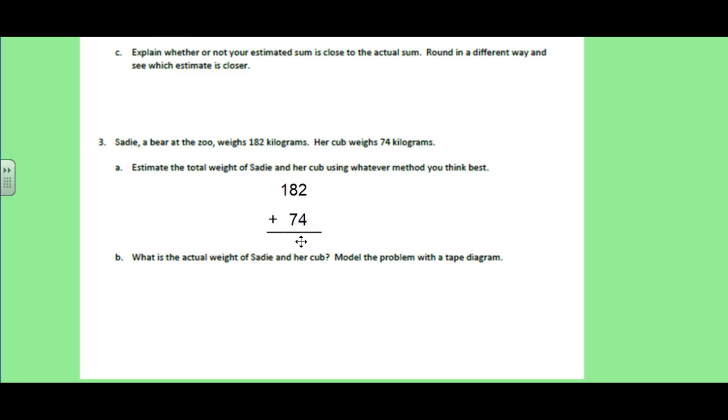You'll have to look at the actual answer and figure out if you need to round to the nearest 10 or the nearest 100 to find the estimate of about how much both of these animals weigh. Go ahead and do this, and push play once you have that done.